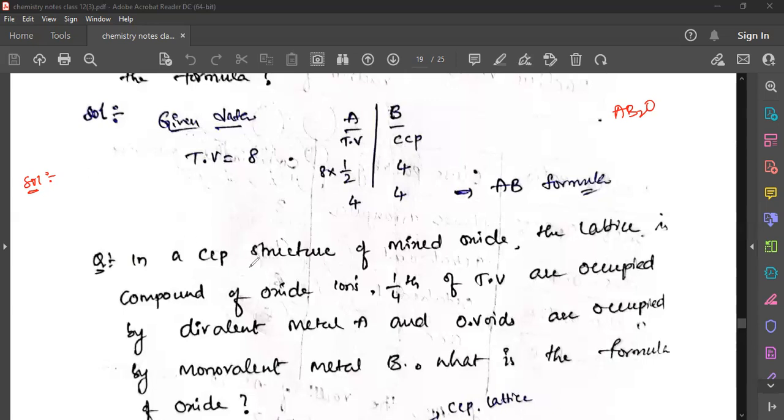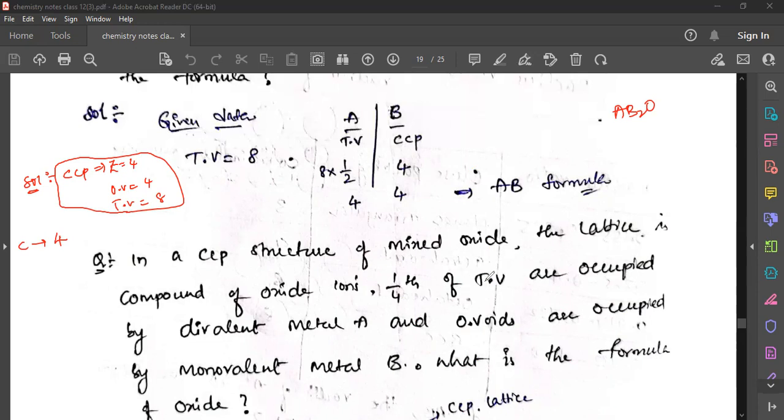Okay, so CCP structure means Z will be 4. That means octahedral voids will be 4, tetrahedral voids will be 8. And C is occupying the oxide positions, that means C is occupying the Z. So Z value will be 4.